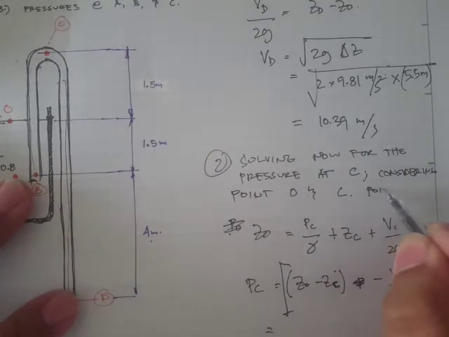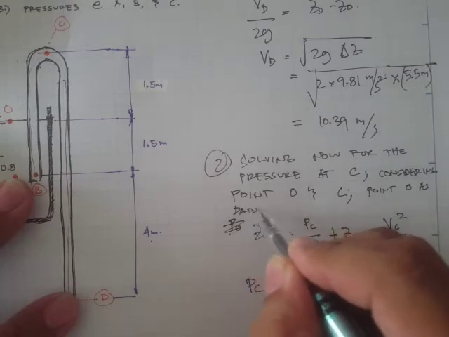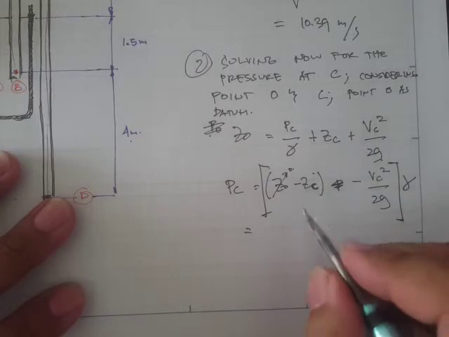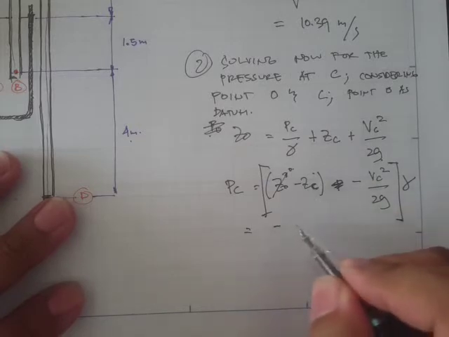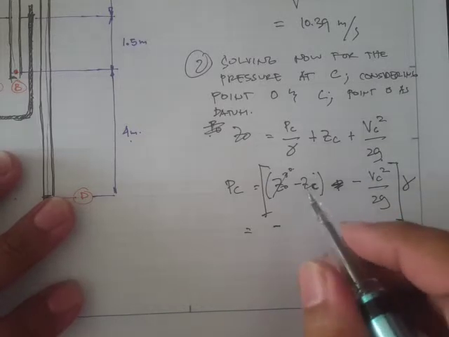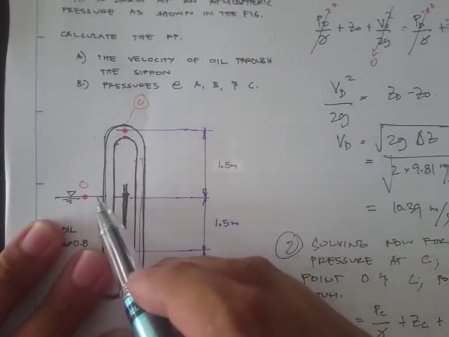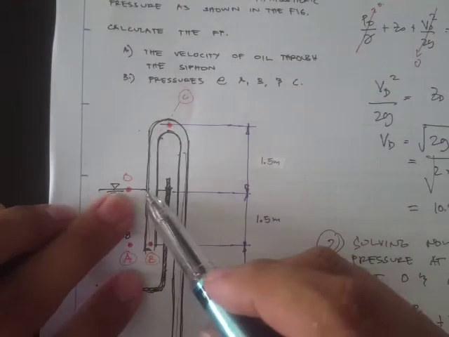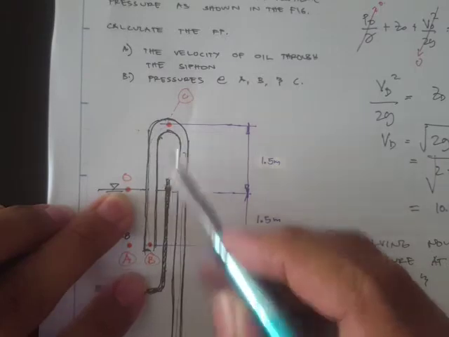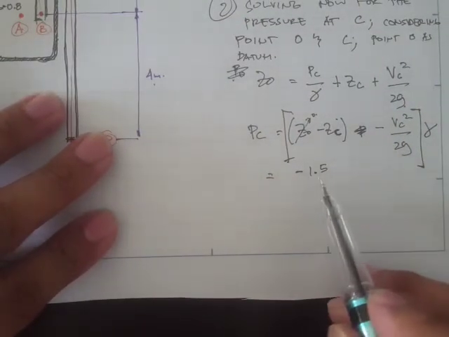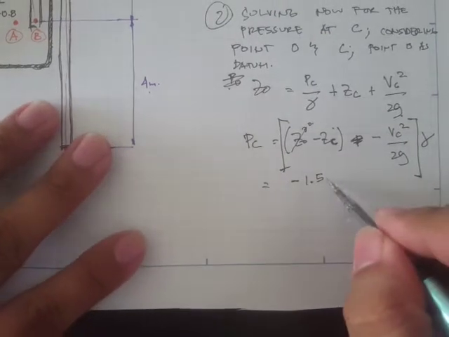So point O as our datum. So this one would be 0. So that's negative, right? That's negative 1.5. So from point O to point C, we have a negative sign already, but the point C with respect to this is positive. So that's the negative of the positive 1.5.